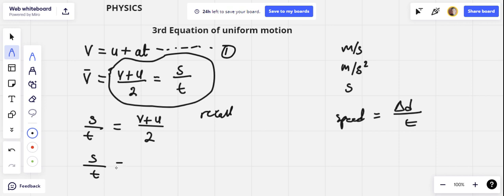So that you now have displacement over time equals, when you put this in place of v, u plus at, that represents the v, then plus u here. So everything divided by 2.